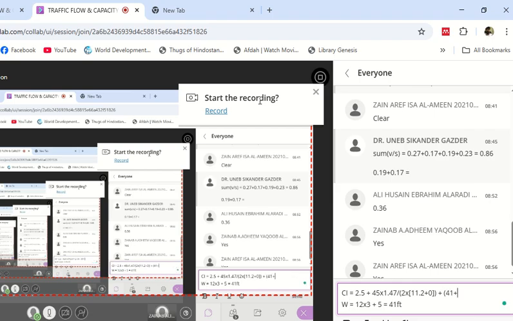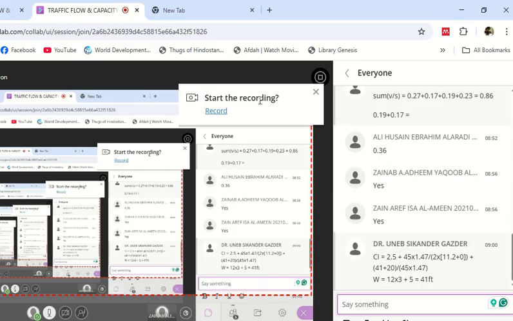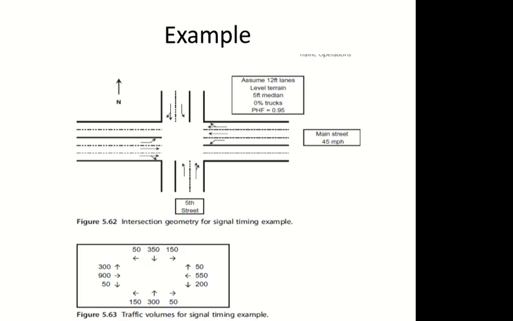So this will be 41 plus 20, W plus L, divided by 45 times the conversion factor. This gives you the clearance interval for the east-west direction. Then you can separate the first two terms and calculate them as yellow, and this one separately as all red. This is what they have done here.